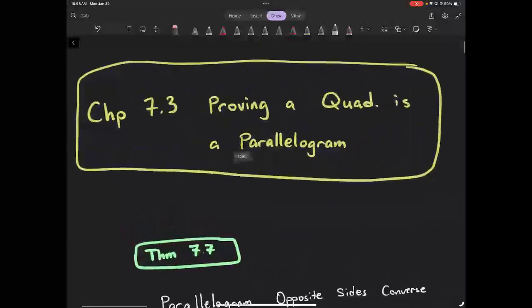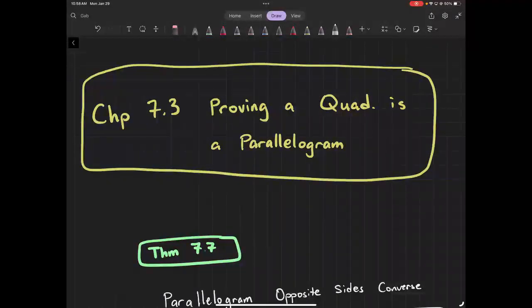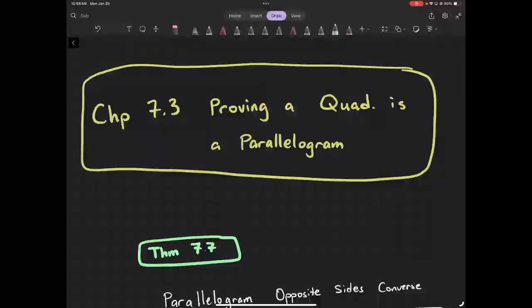Okay, so this is starting 7.3. I'll let you get the title down. Just know that the title is kind of misleading. You already see proof. That doesn't mean you're going to do proofs.